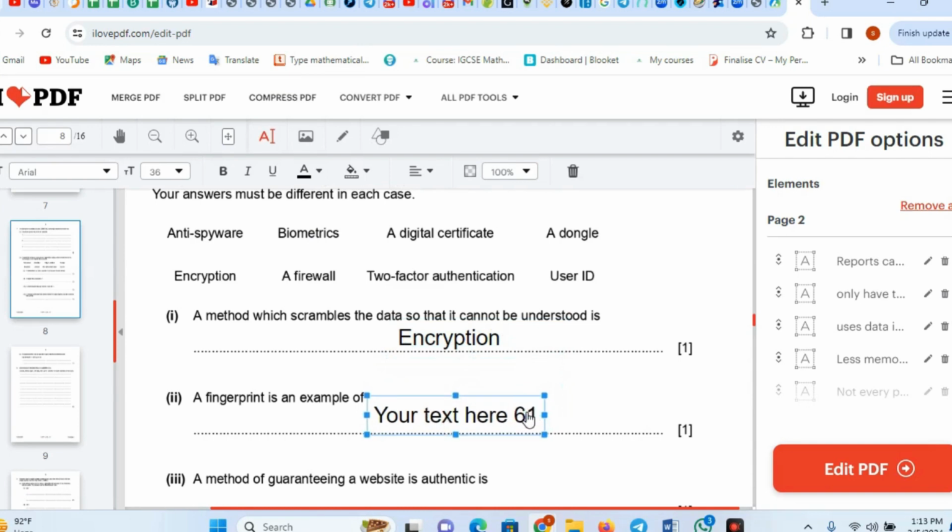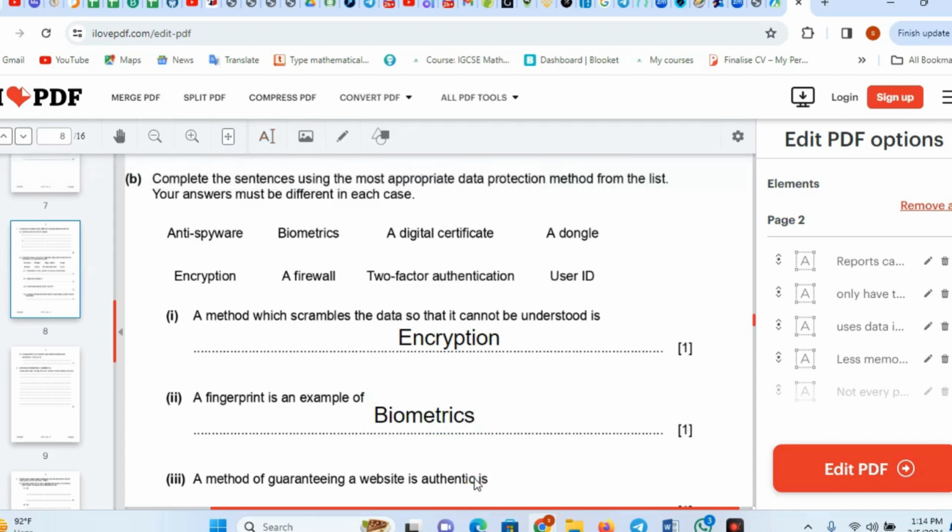So when you say you want to use biometric, it will require your finger. So that's a fingerprint. That's what we call biometrics. That's what we mean by biometrics.